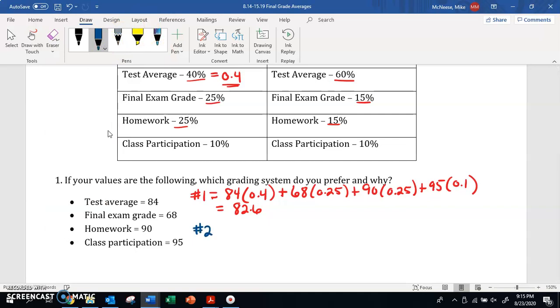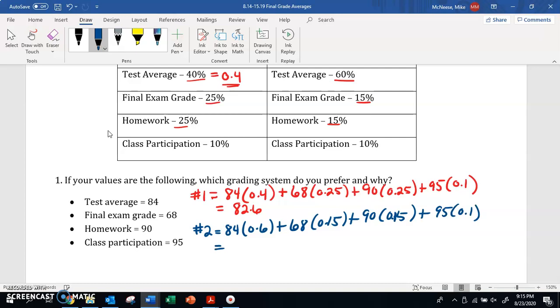Let's see what system 2 looks like. In system number 2, we've got 84 times, instead of 0.4 this time, 0.6, plus 68 times 0.15, plus 90 times 0.15, plus 95 times 0.1.